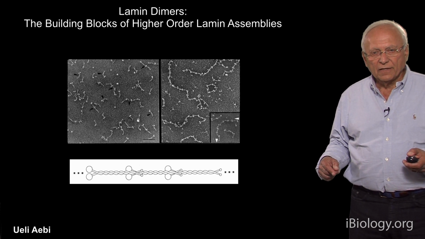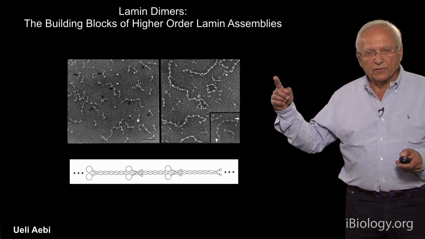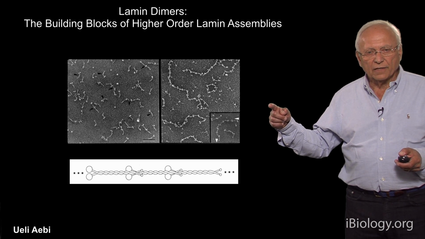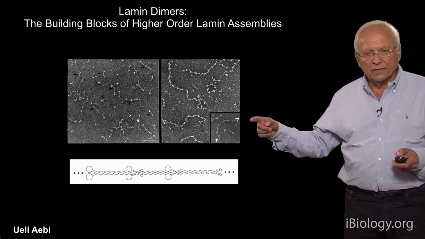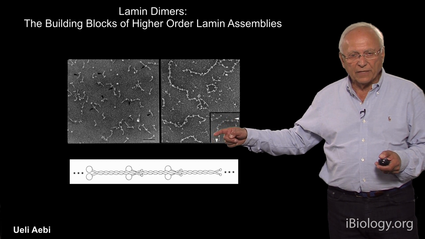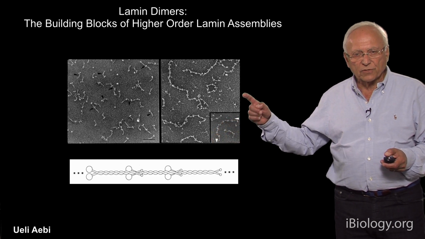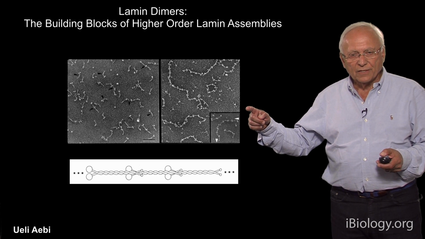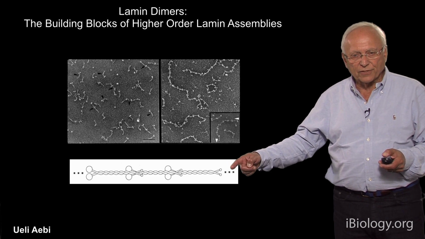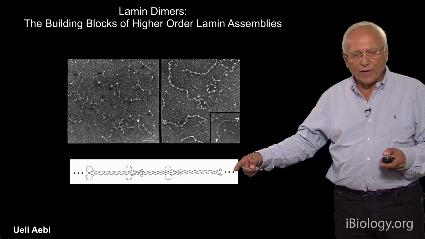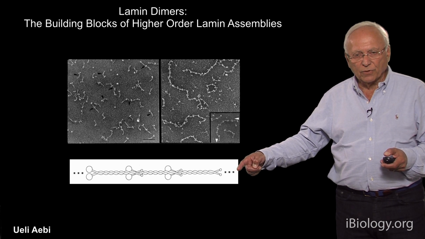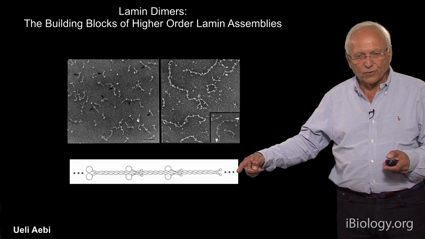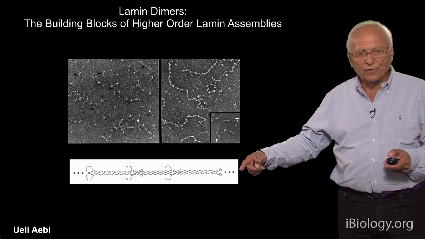Lamins, as is the case with vimentin, form dimers, and these dimers interact in a way that's quite different from vimentin. That is, they interact by what's called head-to-tail assembly of dimers. So dimer-dimer interactions take place rather than the kind of lateral and longitudinal associations we see with vimentin.